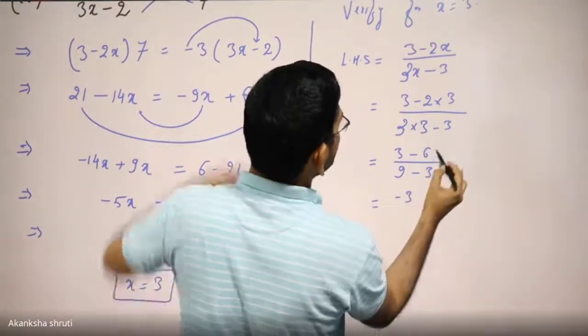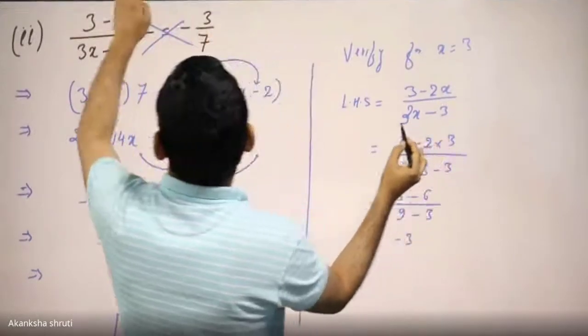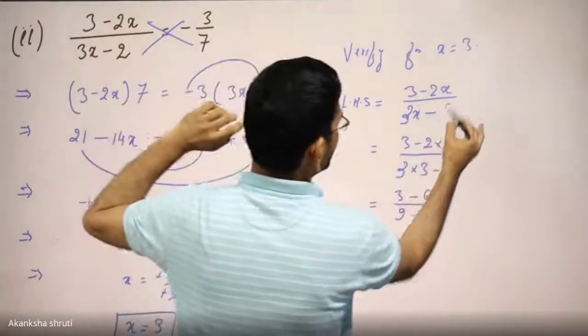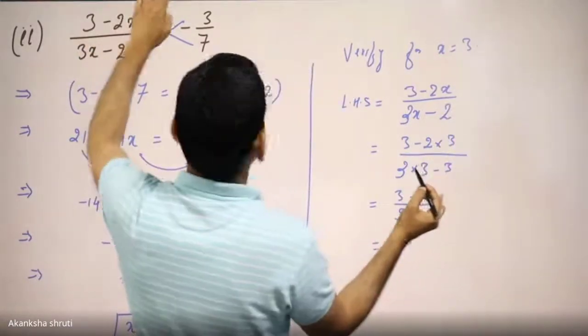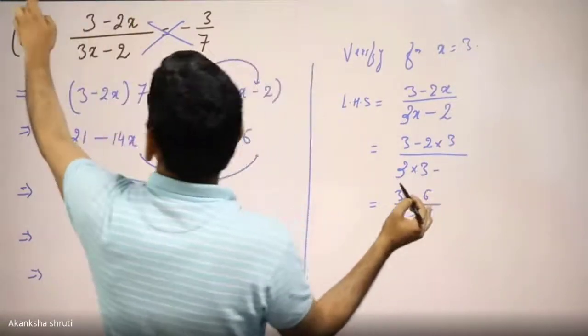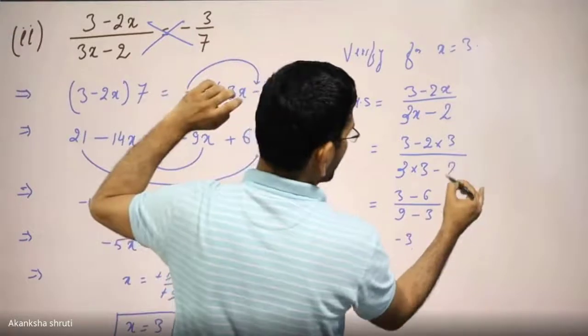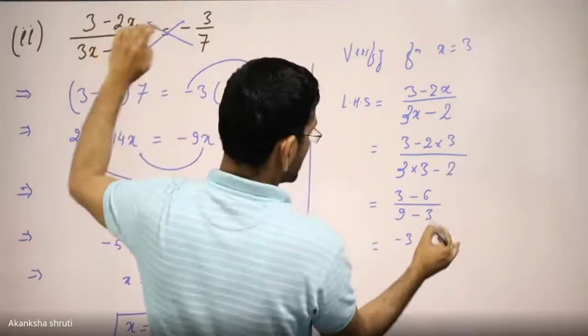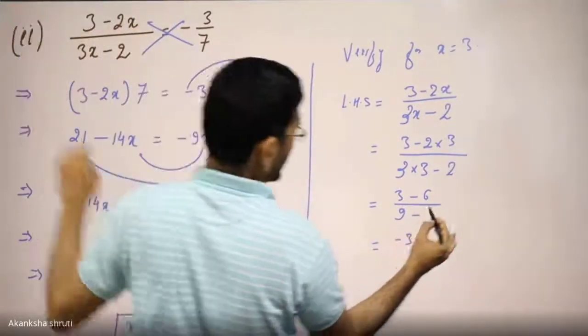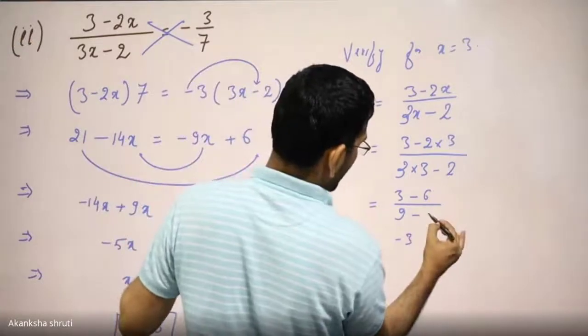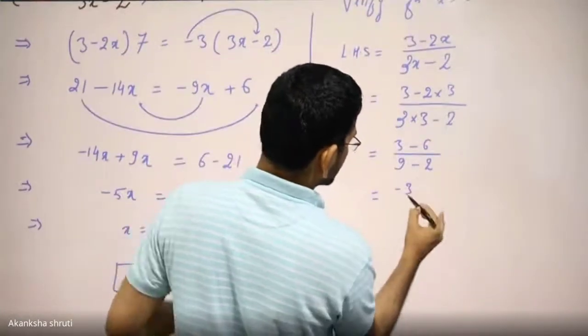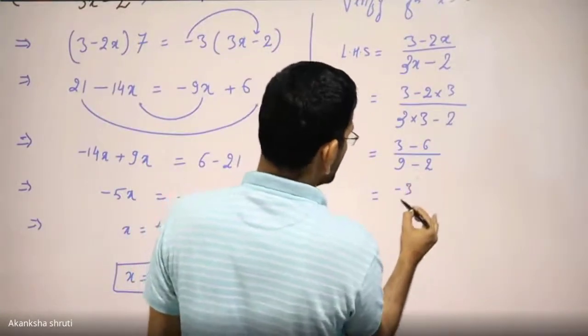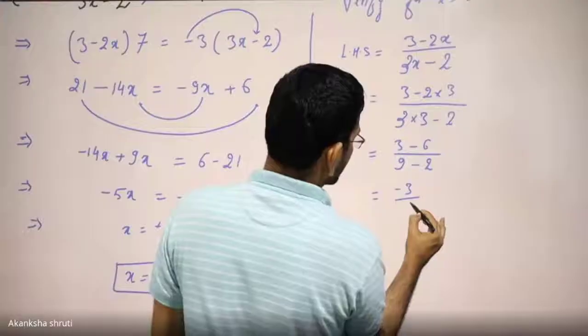Students, please correct the denominator, some error is there. 3x minus 2 is there, so our denominator is 3x minus 2. So put the 3x. It is 9 minus 2. Minus 3 by 7. It is by 7.